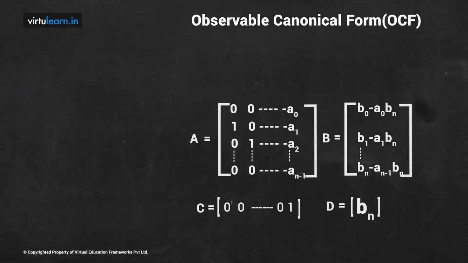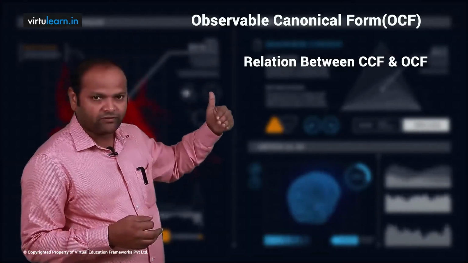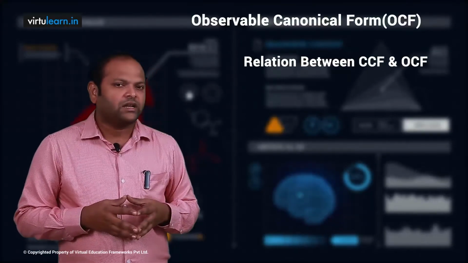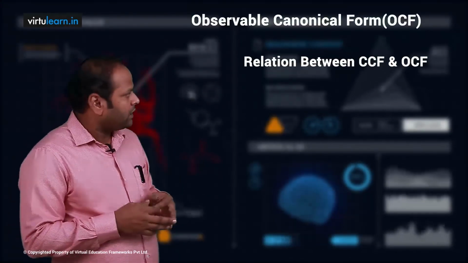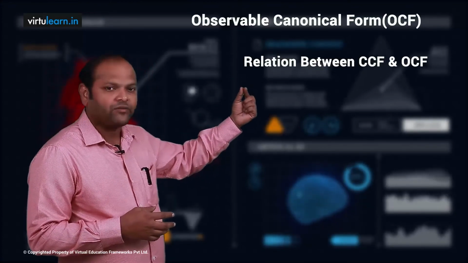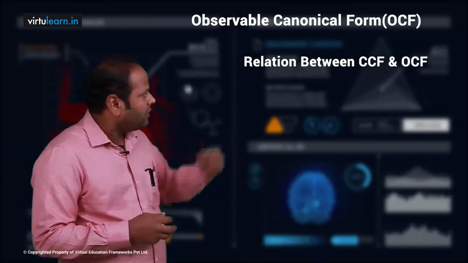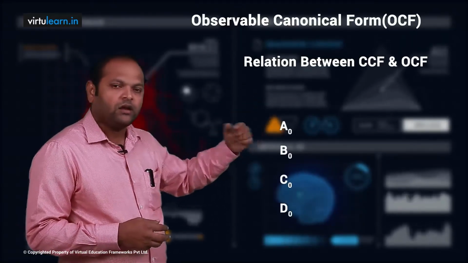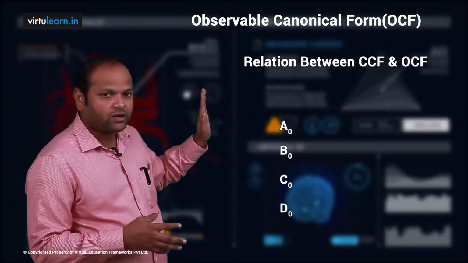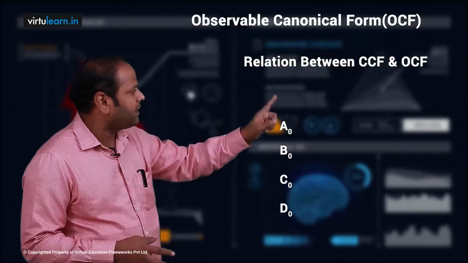So when you observe the general form of OCF and the general form of CCF, we can find the relation between these two. For example, in controllable canonical form, the ABCD matrices are AC, BC, CC, DC. In observable canonical form, A naught, B naught, C naught and D naught. From the two, you can see this is your controllable canonical form, this is your observable canonical form, A matrix, B matrix, C matrix, D matrix.